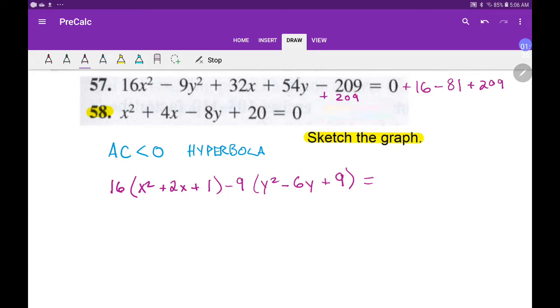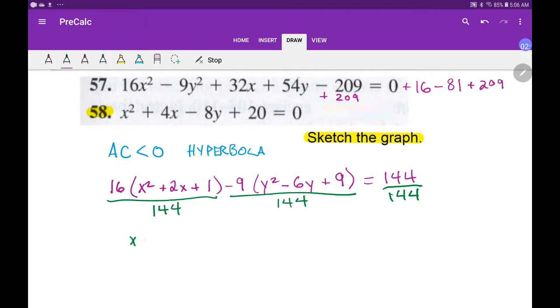And what does that give me? So I have 209 that I added to both sides, and 16, and then I'm subtracting 81. That gives me 144. This seems pretty familiar. I could almost believe we did this before. So I'm dividing by 144 to get 1. 16 into 144 is 9.